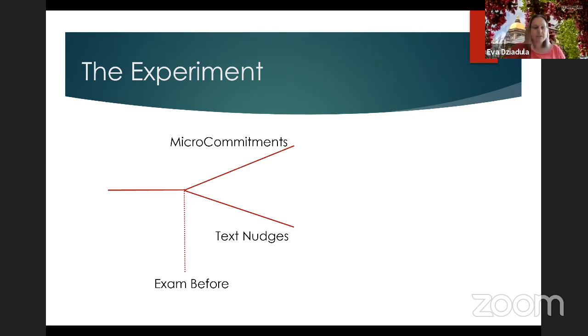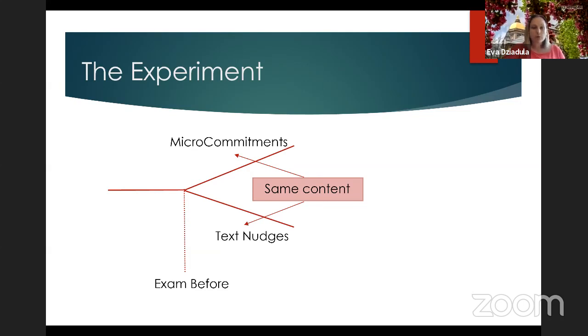Based on the existing research by Phil Oreopoulos from University of Toronto, showing that the text message nudges on their own do not impact students' performance, and also with an eye on our IRB clearance from the university that you can't give some students extra resources that could help their academic performance, we decided against using a complete no treatment control group. And our treatment group receives the text nudges using the ProHabits platform with the micro commitments.